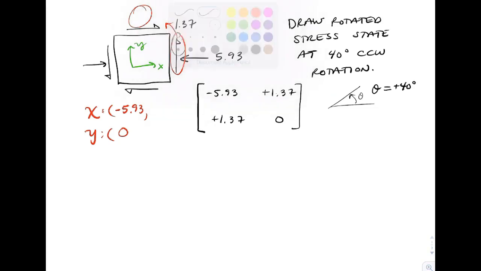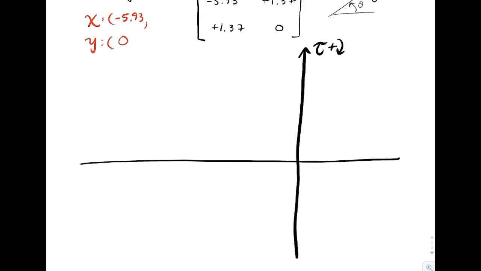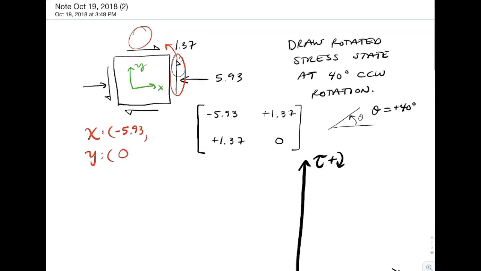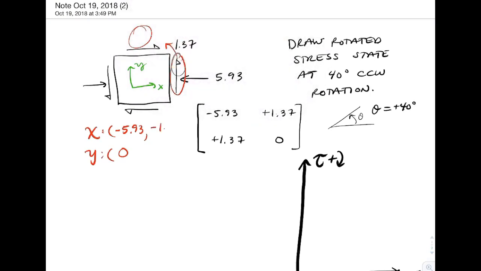And sometimes I should do this first. I like to come down here and just put our axes. And that reminds me the exact sign convention for shear stress. So I can go back up here, and that would be minus 1.37. This would be plus 1.37.